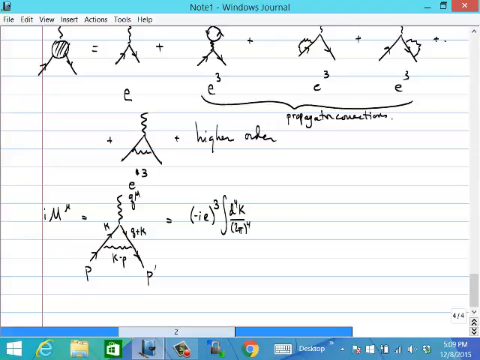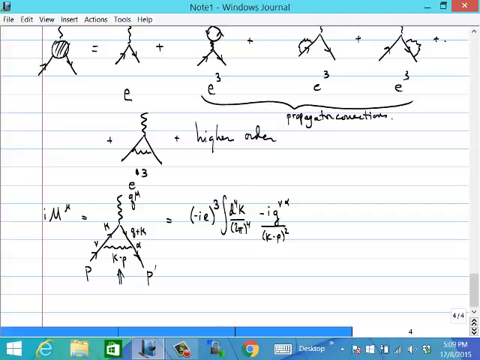So let's first start, well, you have a photon propagator here. What is the photon propagator? It's minus i g. Let's give some names to those indices. Let's call that an alpha index and let's call that a nu index. So it's minus i g nu alpha over the momentum k minus p squared.